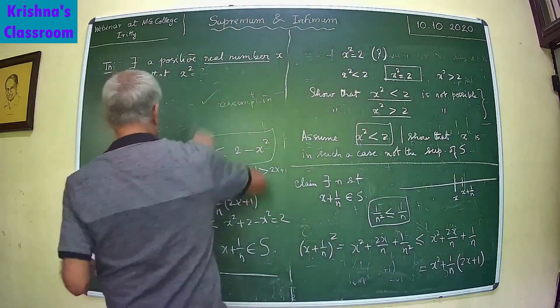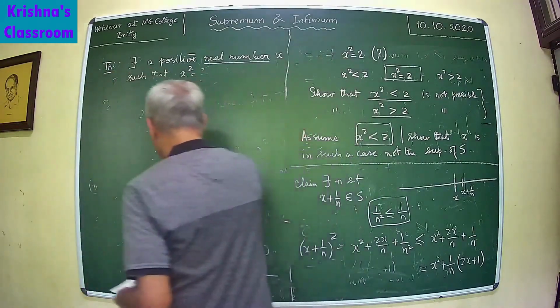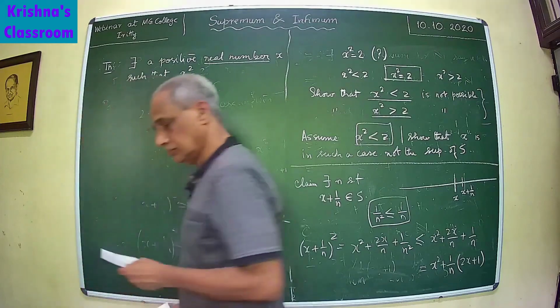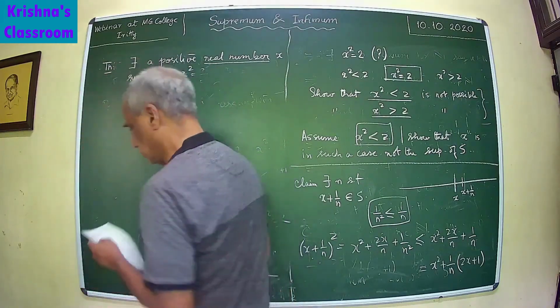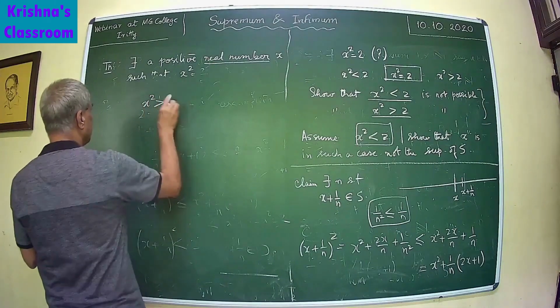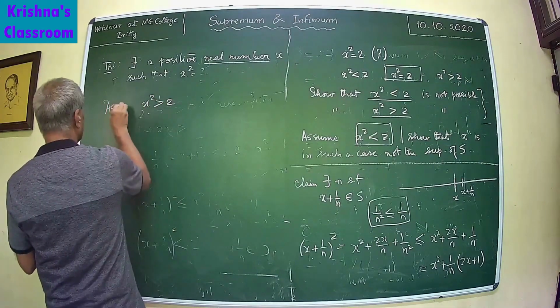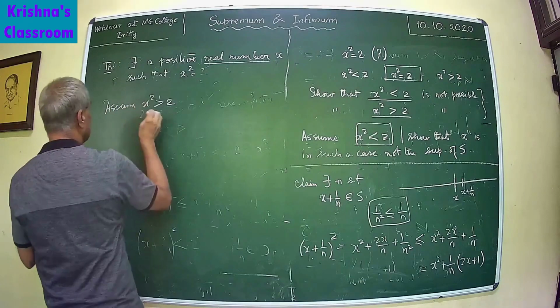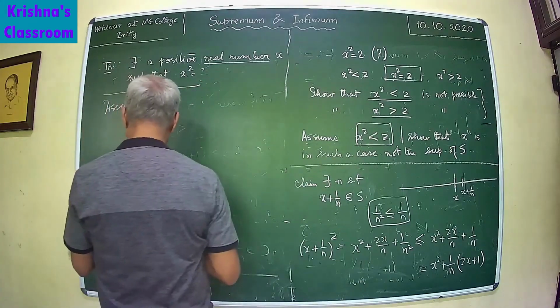I won't go into the proof. So assume x square is greater than 2, then what you prove is the following.